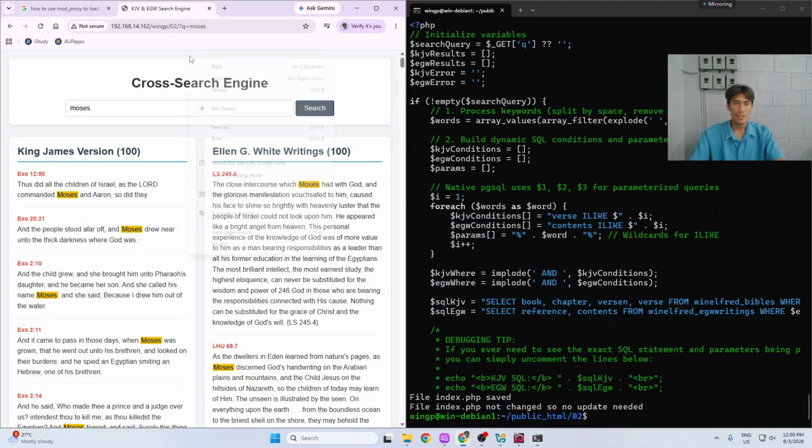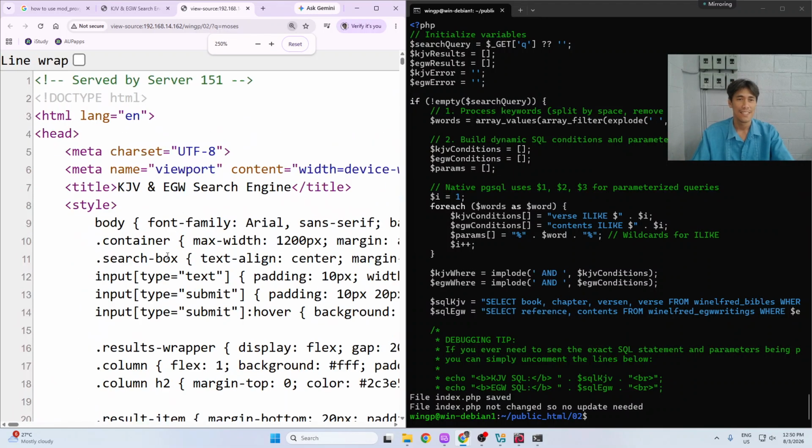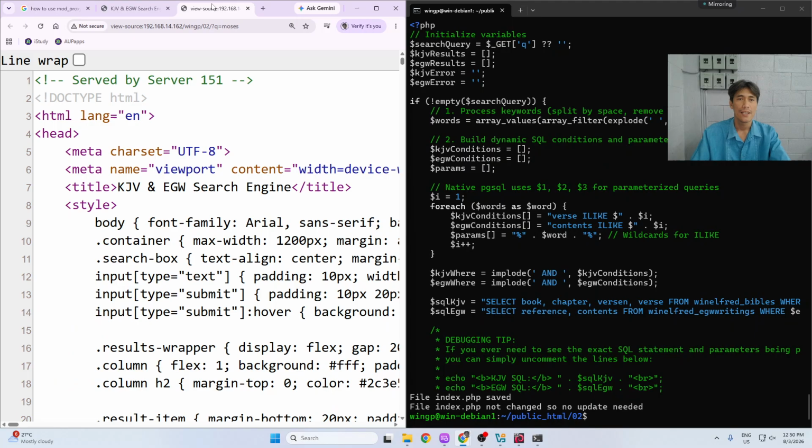Hindi lumalabas kasi. Comment lang yan eh. Ayun, 178. Oh, di ba? Do you see, class? It's an HTML comment, so we're not supposed to see it here in the page. But if you see here, when I reload, sometimes it goes to 151, sometimes it goes to 178.